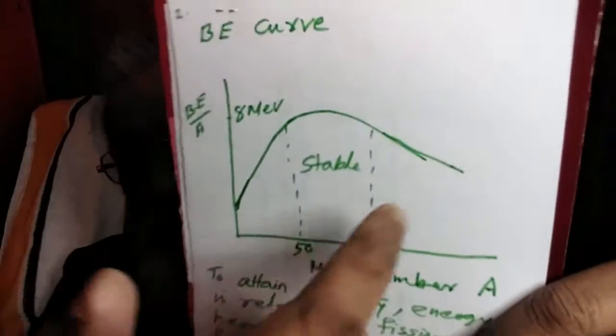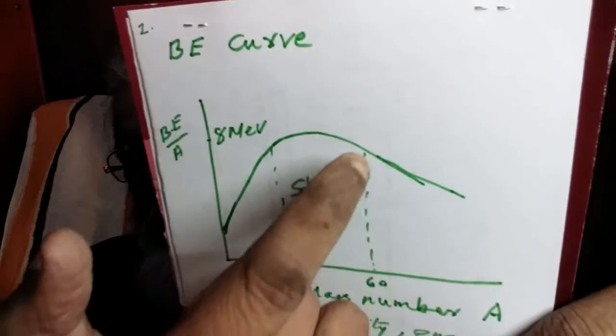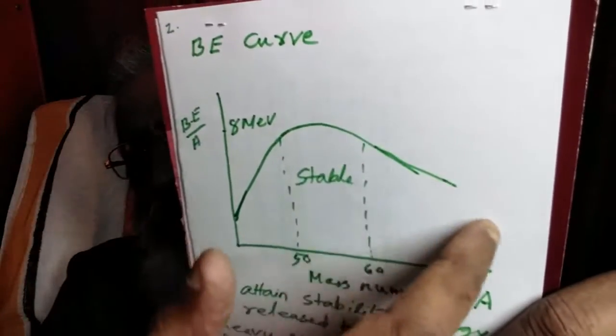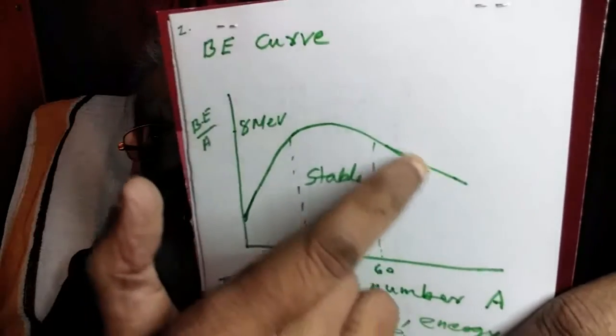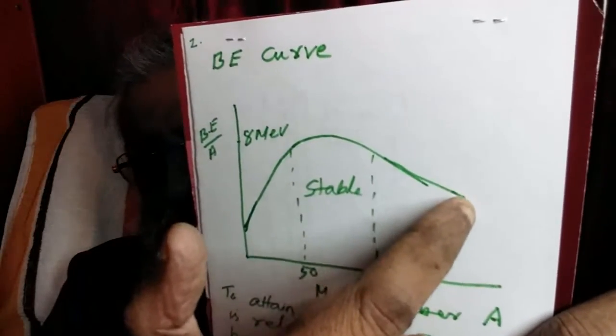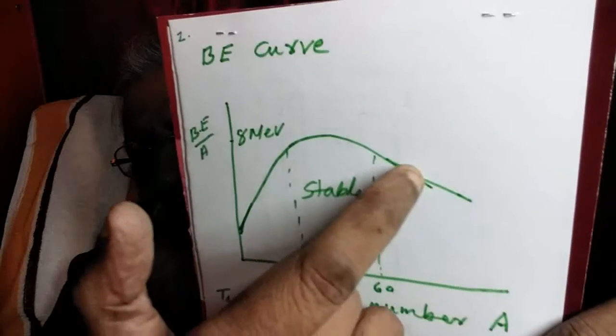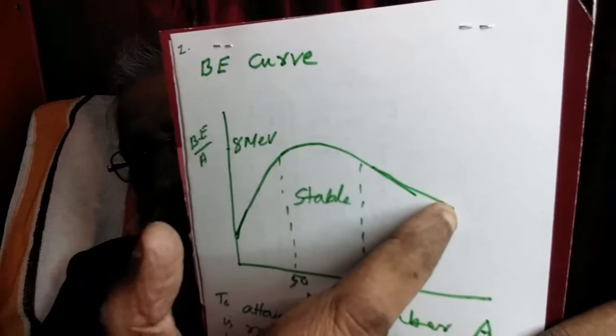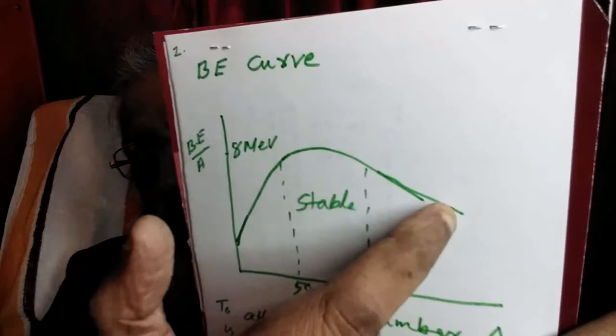Understand? Then, heavy elements beyond 60 are not stable because binding energy is less. What will they do? They will try to reduce their mass by splitting up, that is, by fission.